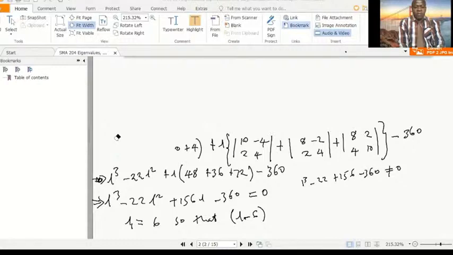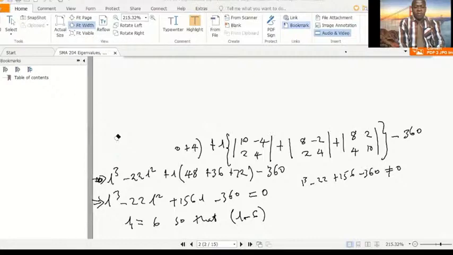So we found that our matrix A has 3 eigenvalues. These are our eigenvalues. Lambda 1 is 6 and lambda 2 is also 6.